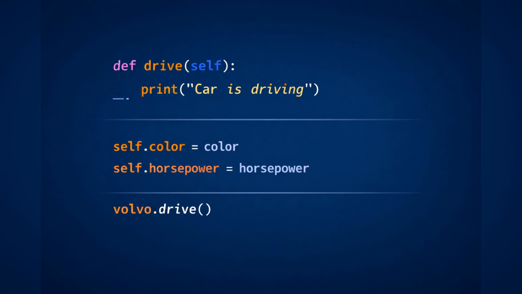Methods use self to access the object's own data, which means they can behave differently depending on the specific instance. This is what makes object-oriented programming powerful. Data and behavior are combined into a single structure. So instead of just storing information, objects can actively perform actions based on that information.